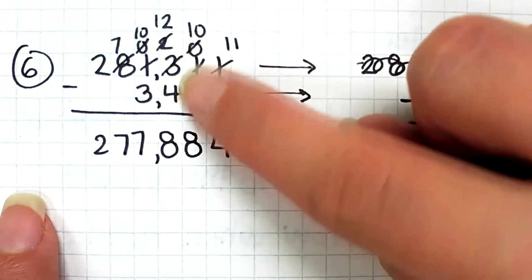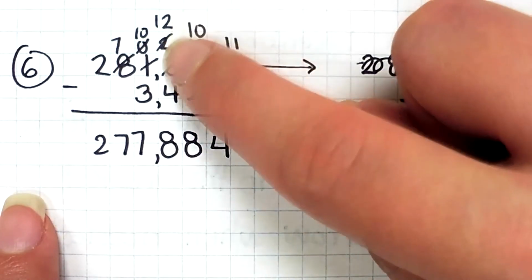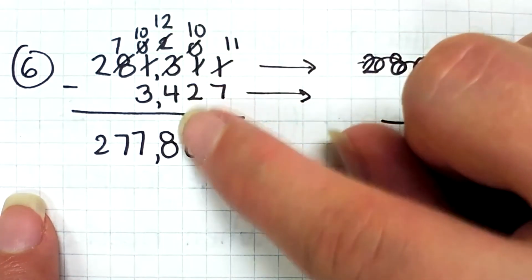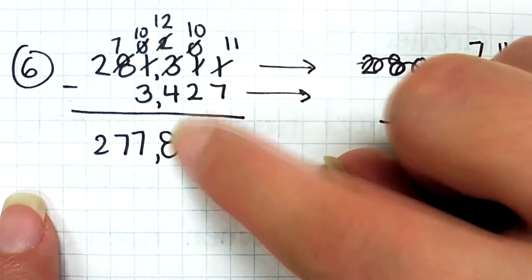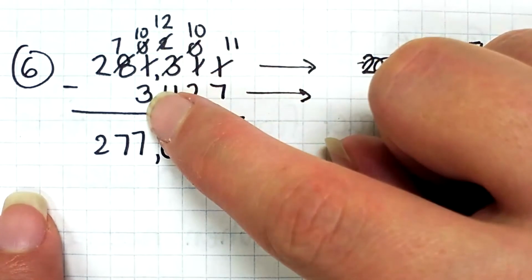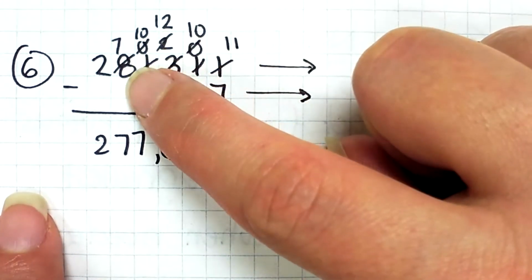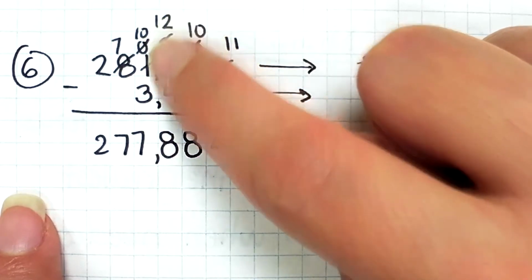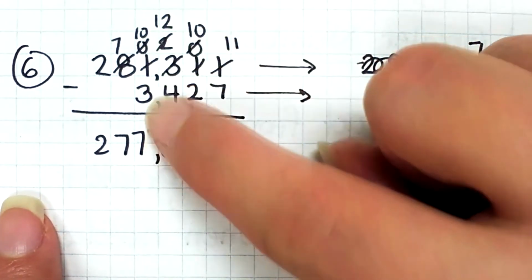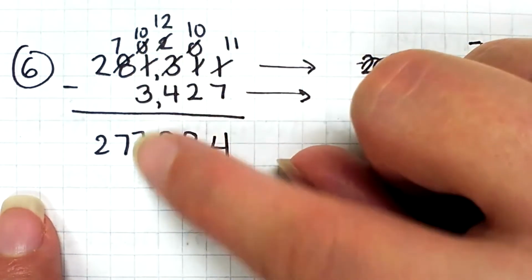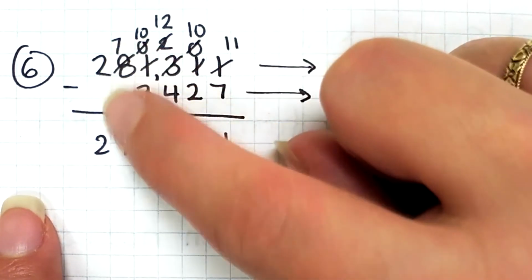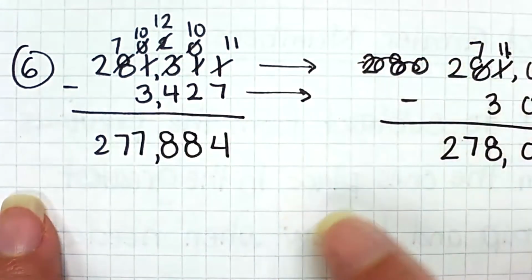I couldn't do 2 take away 4, so that 2 became a 12, and I borrowed from that 1, so that 1 had become a 0. 12 take away 4 gave me 8. I couldn't do 0 take away 3, so I borrowed again from the 8. So that 8 became a 7. The 0 became a group of 10. 10 take away 3 gave me 7. 7, there's nothing to subtract it from, so that 7 just drops down as is, and the 2 drops down as is.